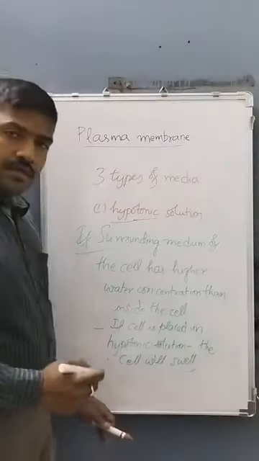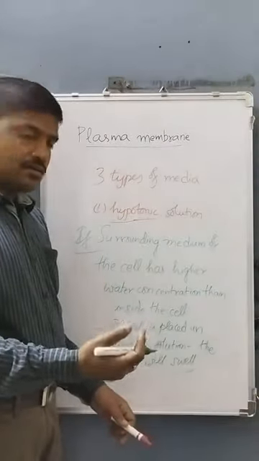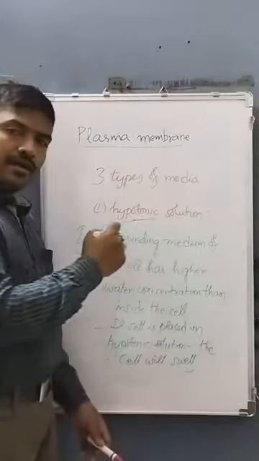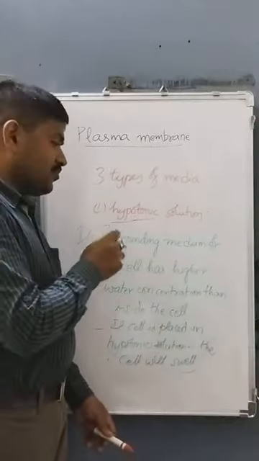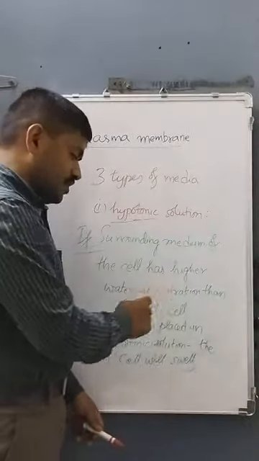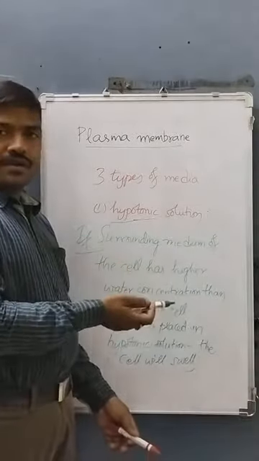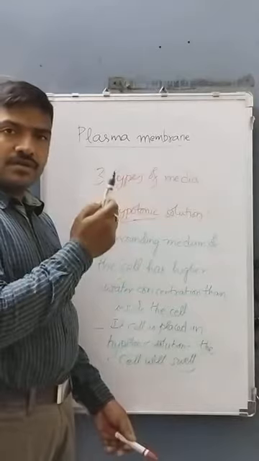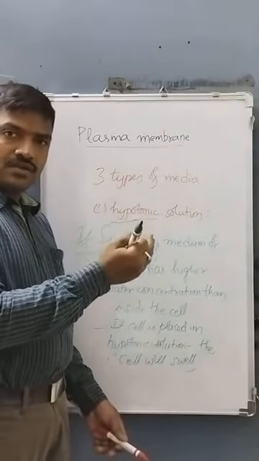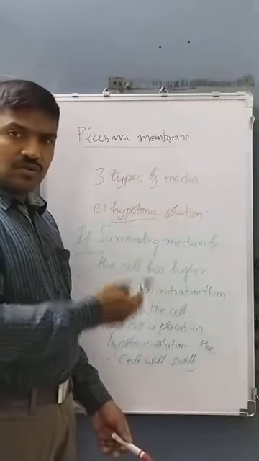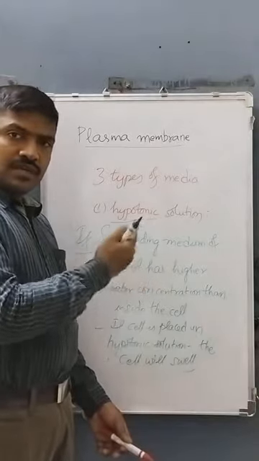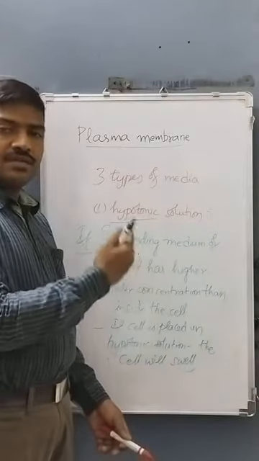Because the cell will gain water, means there will be the movement of water taking place from the surrounding medium to inside the cell, because surrounding medium is having higher water concentration. So water will move from its region of higher concentration to its region of lower concentration. So in a hypotonic solution, when cell is placed, the cell gains water and cell will swell.